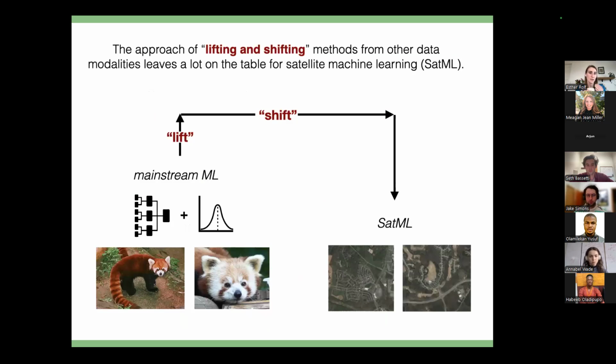So right now, the general approach is to take innovations that have been made in mainstream machine learning and computer vision, lift them and shift them over, just apply them to satellite imagery almost out of the box, maybe with a few minor modifications.